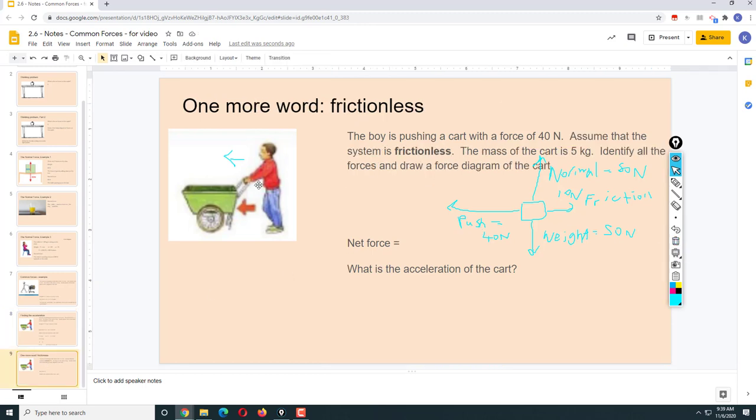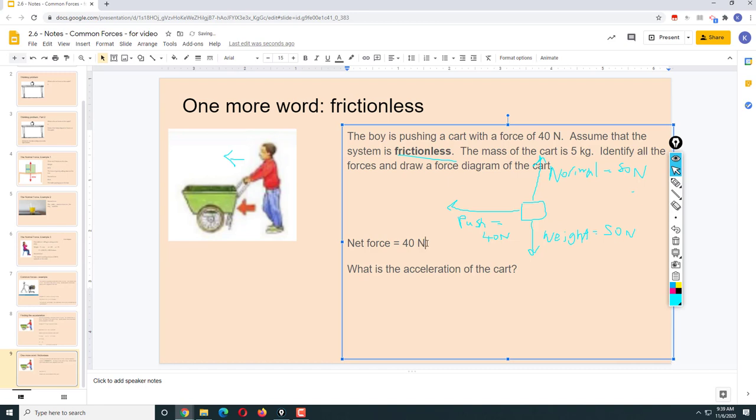Finally, what if we have the same problem, but it is now frictionless? Frictionless means no friction, so I can erase the friction. That means that this time the net force is just 40 newtons. So force is 40. Mass is still 5. 40 equals 5a.